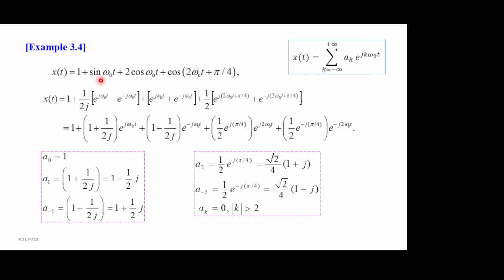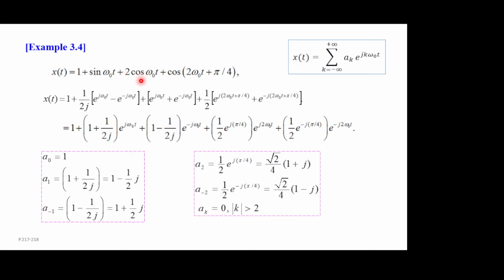So x of t is now a whole bunch of sines and cosines: 1 plus sine omega naught t plus 2 cosine omega naught t plus cosine of 2 omega naught t plus pi over 4. So a lot of terms, but you can do your reverse Euler to break them all into e to the plus minus j omega naught t. So this sine becomes 1/2j times e to the j theta minus e to the minus j theta.